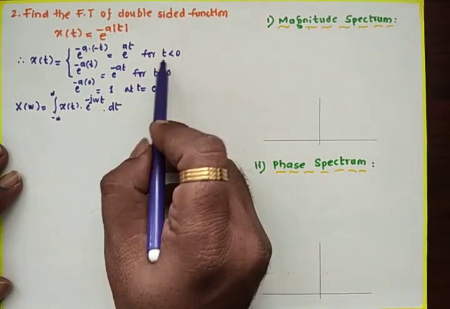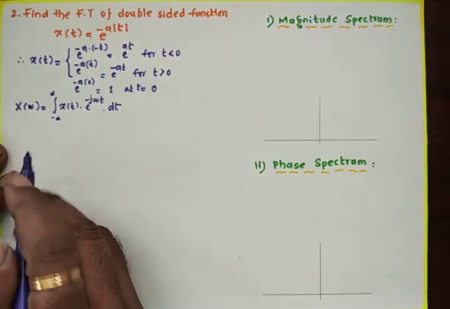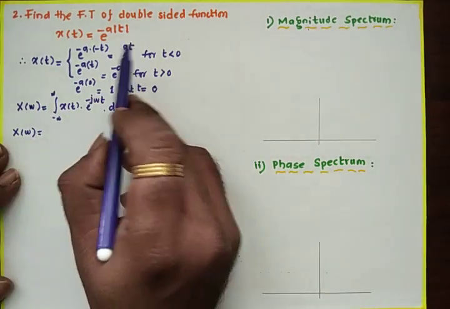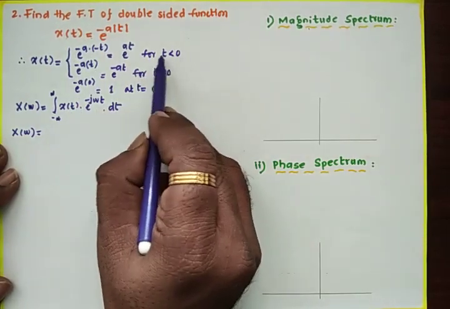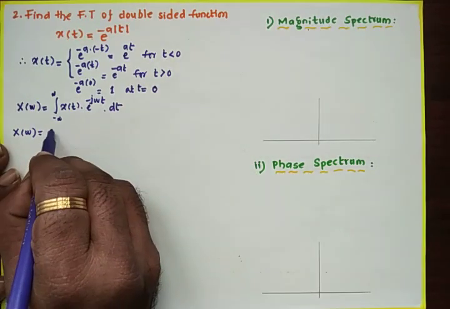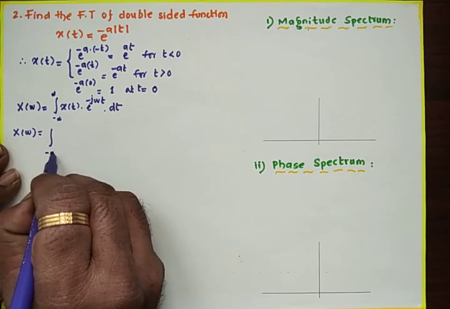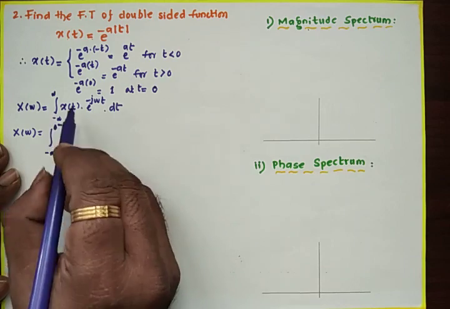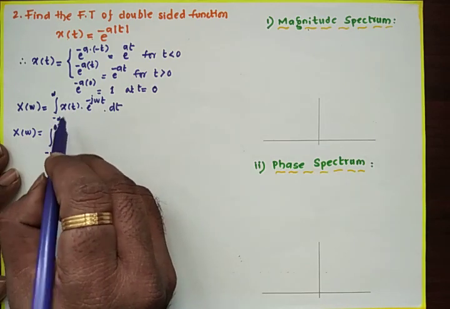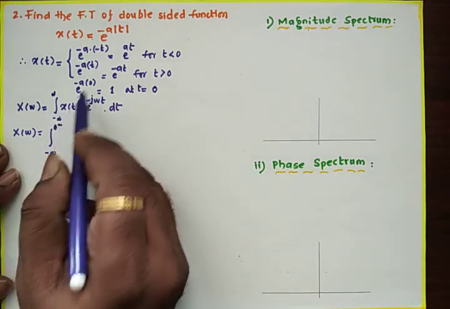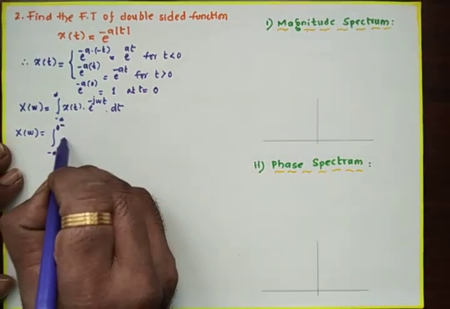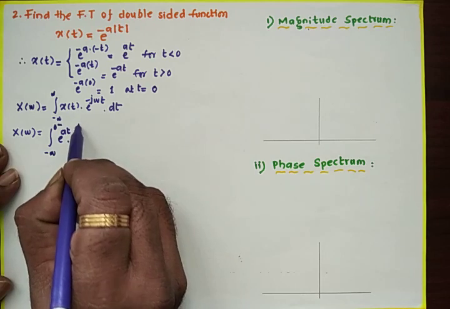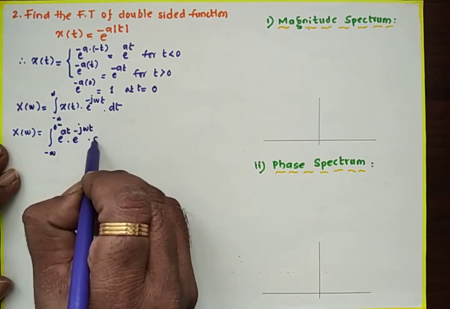Now based on our three cases, I can split this integration, so that x of omega is equal to, and this is the value for all the negative values of t, so I go from minus infinity to 0 minus. For t negative, what is the signal? That is e to the power of a t into e to the power of minus j omega t dt.